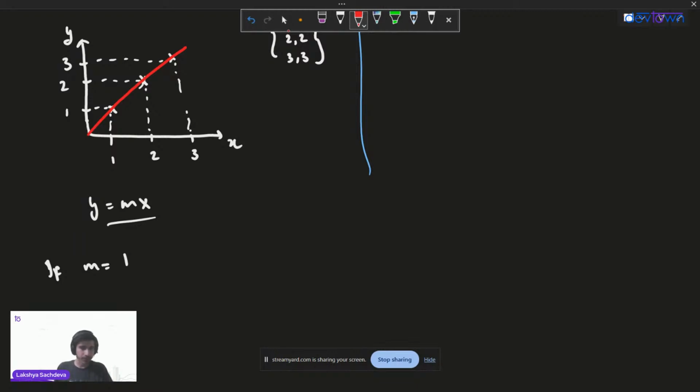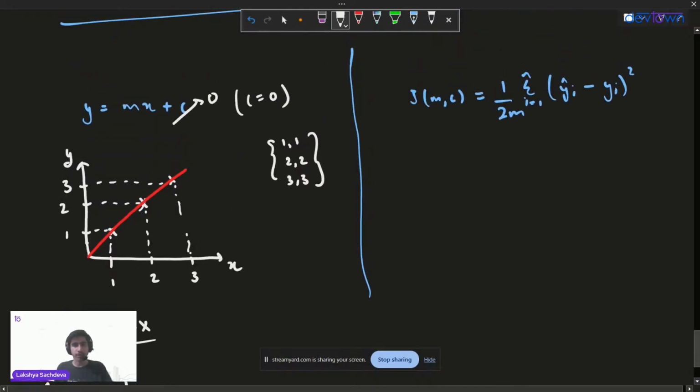Now, if we are taking m equal to 1 and c equal to 0, then what will be the cost function over here?